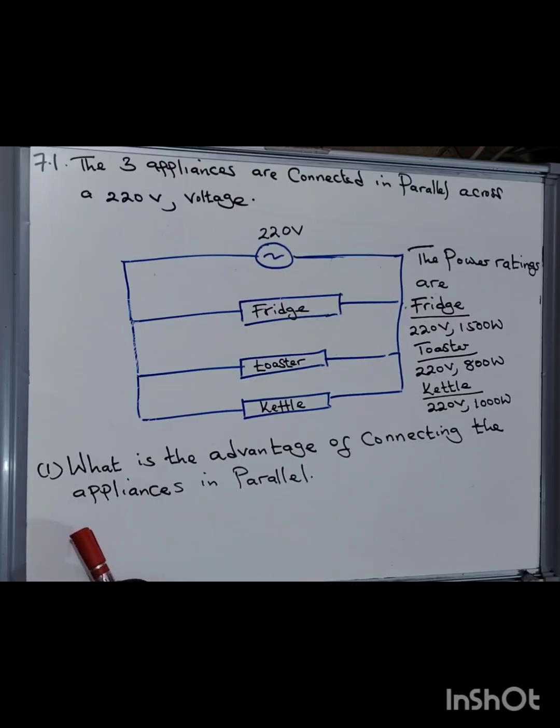The first advantage is that all appliances have the same potential difference across. The PD across the toaster is the same PD across the fridge, is the same PD across the kettle. So that's the first advantage. All the appliances experience the same potential difference.